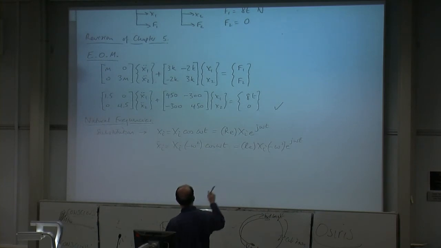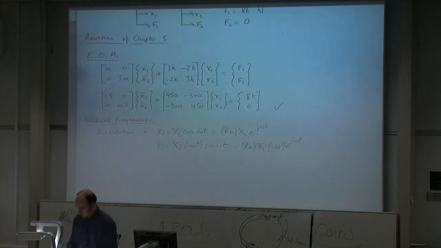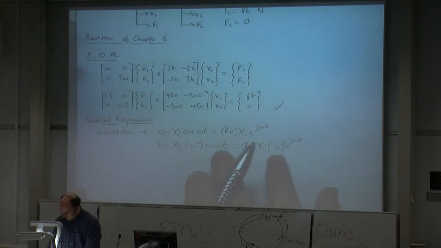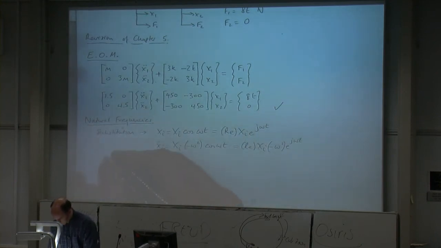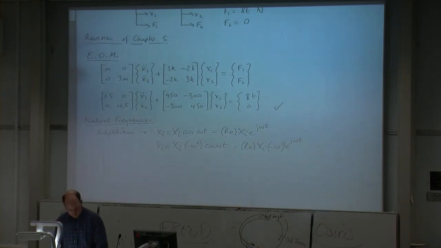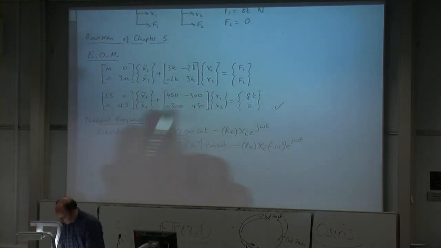So they result in the same thing. And so we can substitute those back into this equation. And we can rearrange it, and we end up with the mechanical impedance matrix. So I'm going to put this back into this equation.